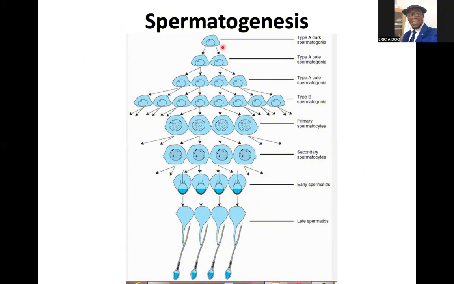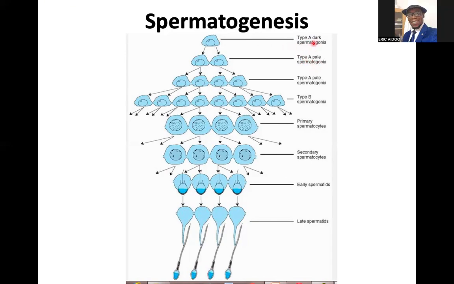Then, if everything goes on well, the gonad, the testis, is formed, and the seminiferous tubules are also formed from the primitive sex cord by canalization. Okay, and then also the Wolffian duct helps in the formation of the efferent ducts and then the epididymis. You are going to have this formation ongoing. So here you have the type A dark spermatogonia and type A pale spermatogonia.